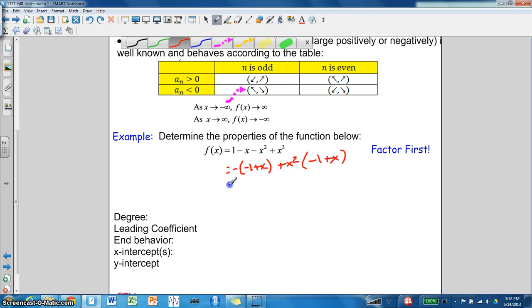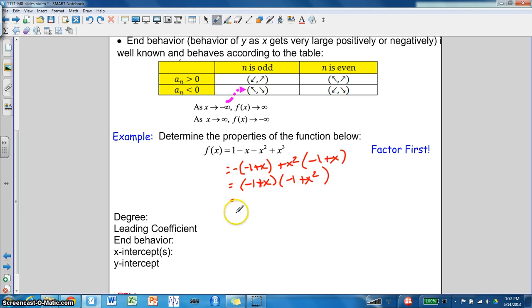Continuing, I factor out that minus 1 plus x. And I'm left with, now this is actually a minus 1 out front, so minus 1 plus x squared. And I can take this a step further and factor this down to minus 1 plus x, and then I'm going to say this is x minus 1, just rewrite it, and then x plus 1.